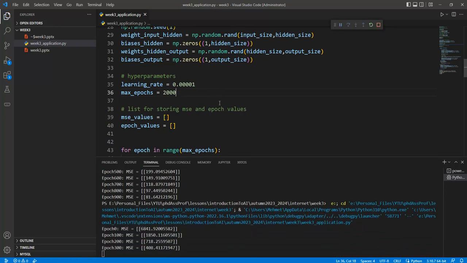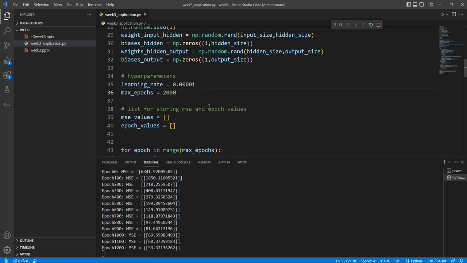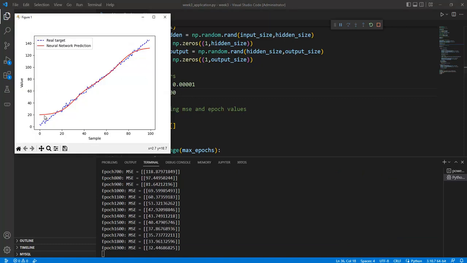So it's more correct, but that's not sufficient for us.